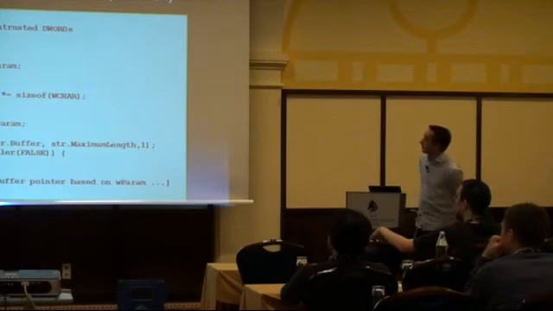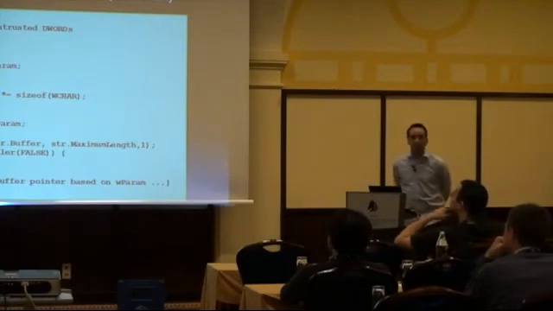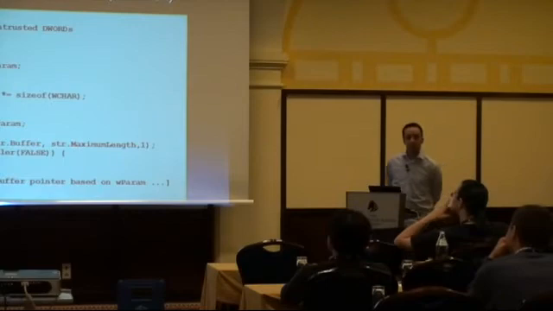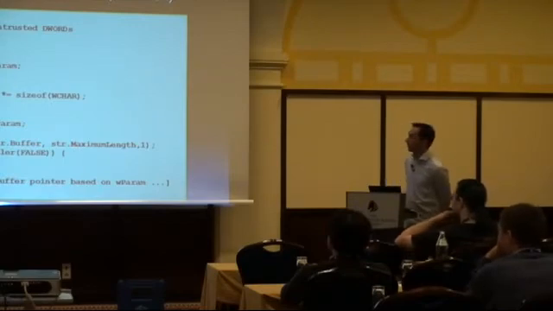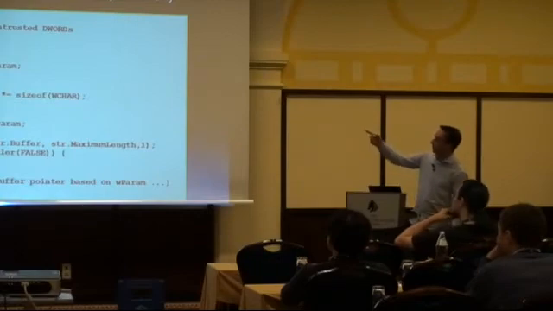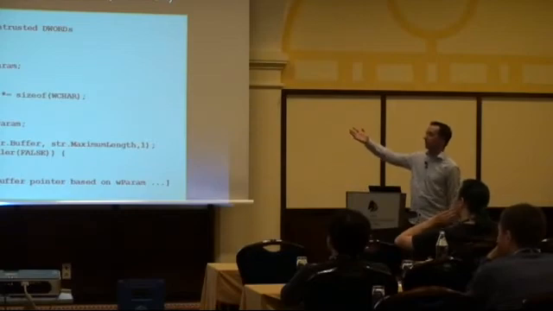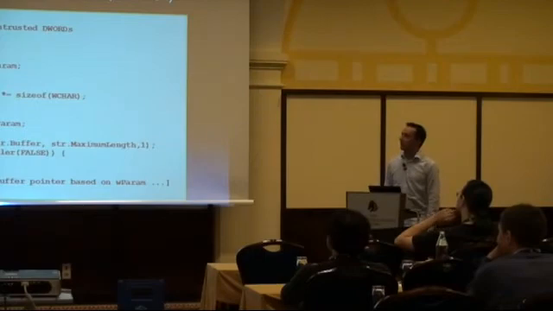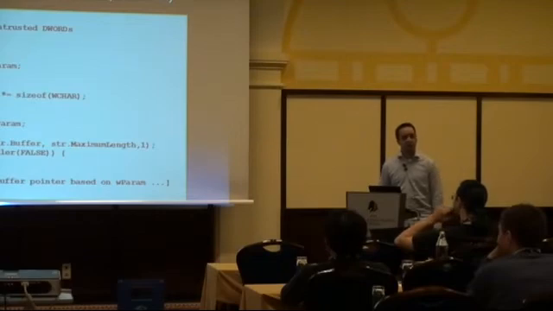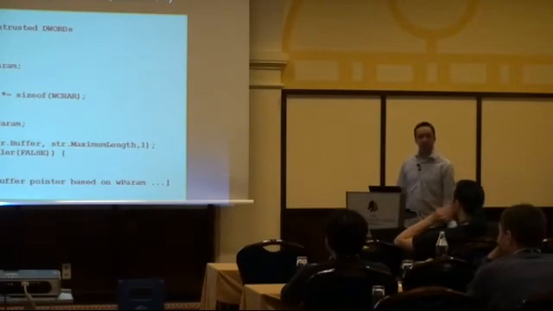What about here? Let's consider that WParam and LParam are user controlled. When I say user mode controlled, it's attacker controlled, right? So here, for example, string.MaximumLength gets assigned from WParam, and then it gets multiplied by 2. What's going on here? What about if I put 0x80000000 in WParam? What's going to happen if this value gets multiplied by 2? It's going to become 0.